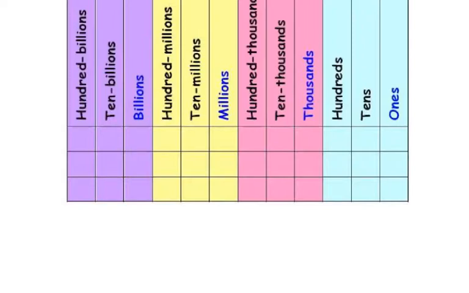So the largest place value in my first number is the millions. So I have 6,551,111. And then I have 6,540,164.